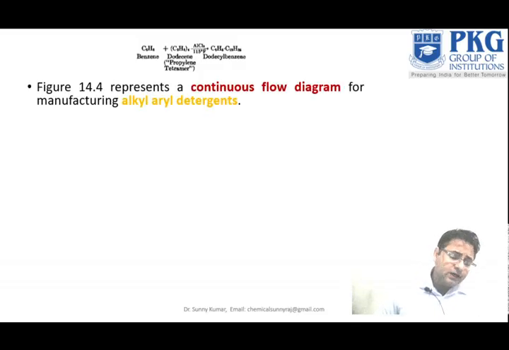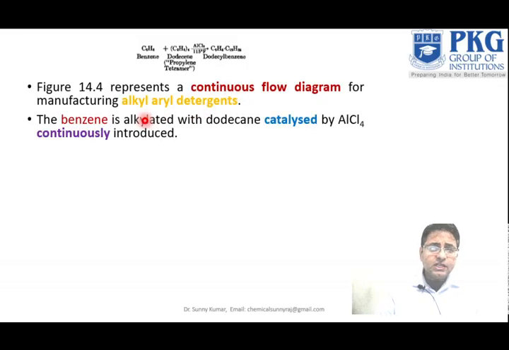The flow sheet represents the continuous flow diagram for manufacturing of alkyl aryl detergent. The benzene is alkylated with dodecene, with the catalyst aluminum chloride continuously introduced. Actually, because aluminum chloride is a catalyst, it increases the rate of our reaction.